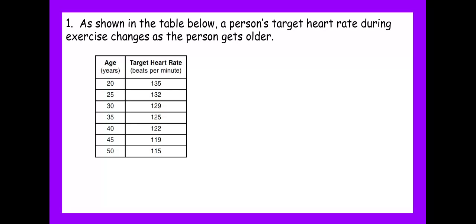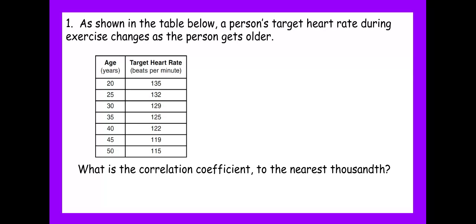Let's practice. Number 1, it says, as shown in the table below, a person's target heart rate during exercises changes as a person gets older. So look at the table. And then it says, what's the correlation coefficient to the nearest thousandth? So just remember, make sure your diagnostics are on. If they're not, go to mode and go to diagnostics and turn it on.